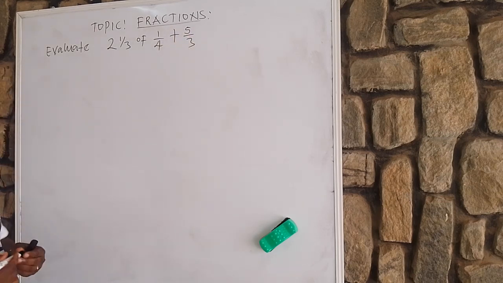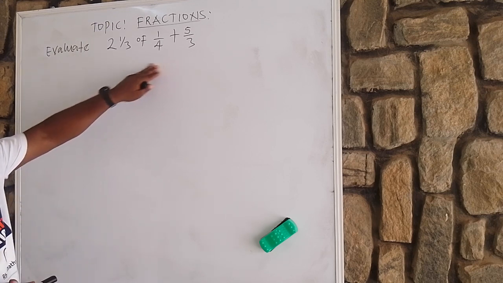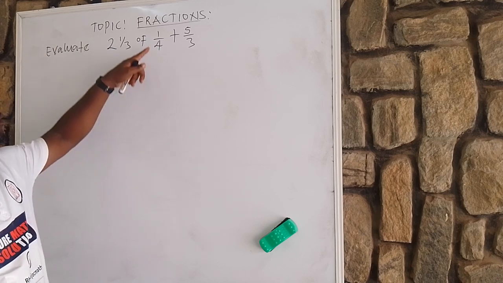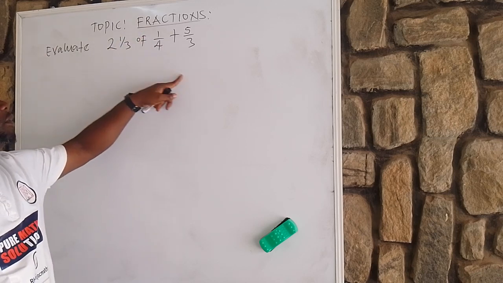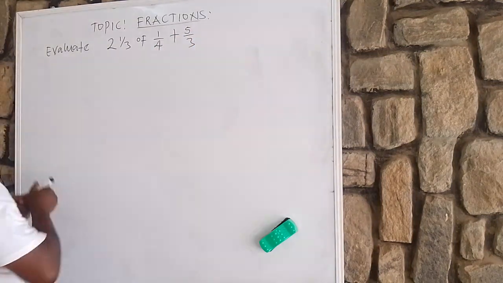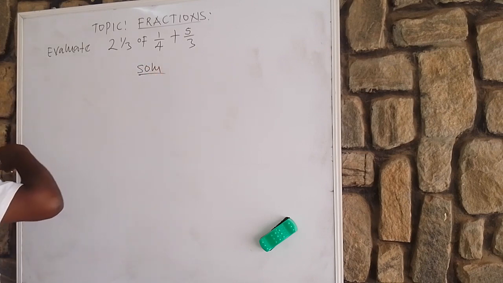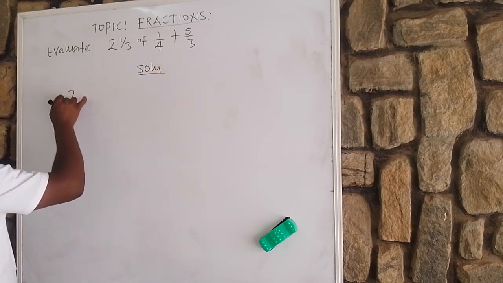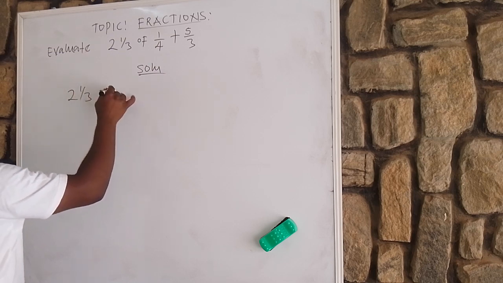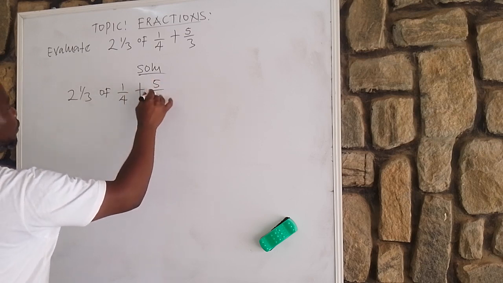You can now see that this expression contains both mixed fraction, proper fraction, and what? Improper fraction. Okay? So let's write solution. 2 whole number 1 all over 3 of 1 all over 4 plus 5 all over 3.